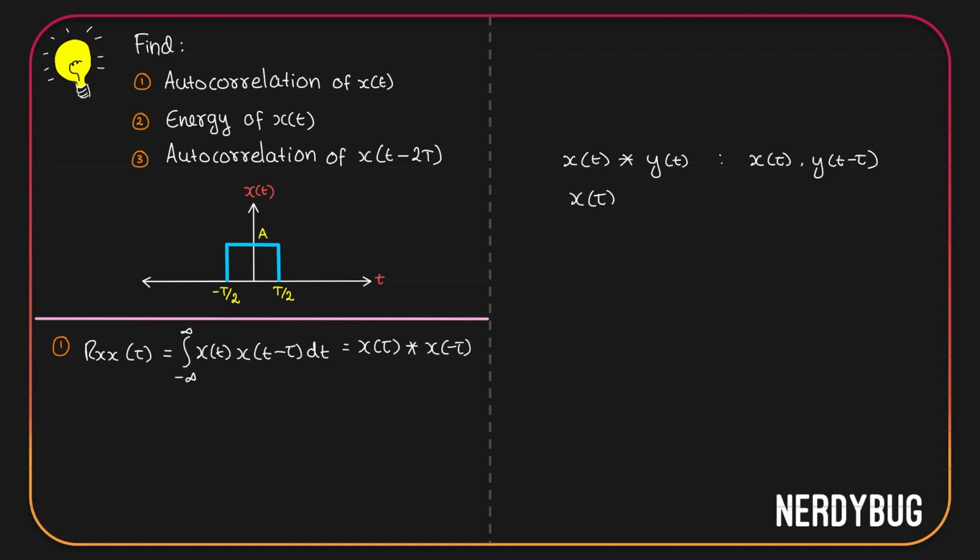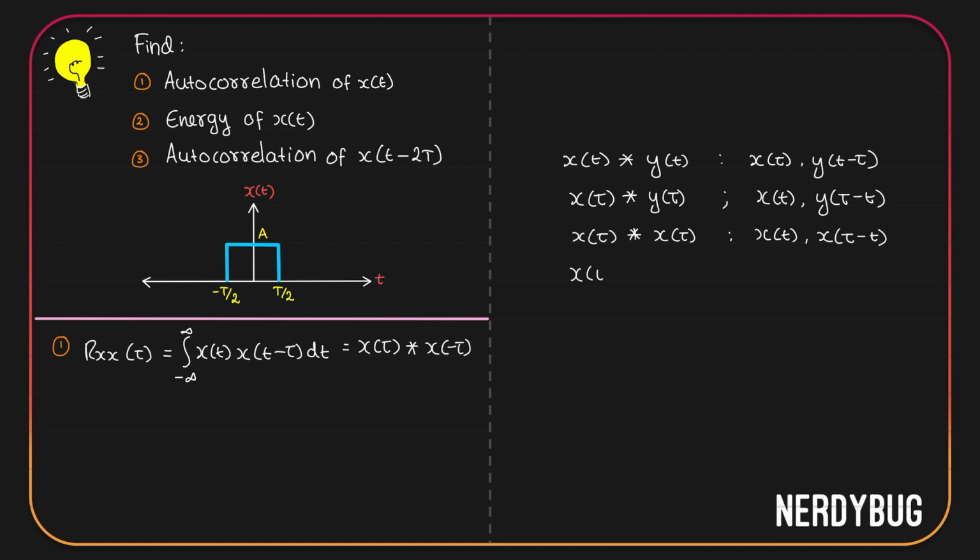If I wanted x of tau and y of tau, then I will take x of t and y of tau minus t. What if now I want x of tau and x of tau? Then I will take x of t and x of tau minus t.